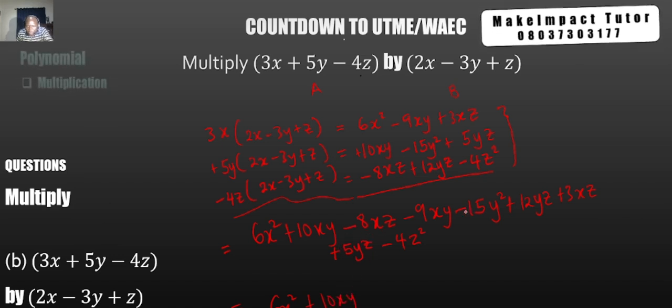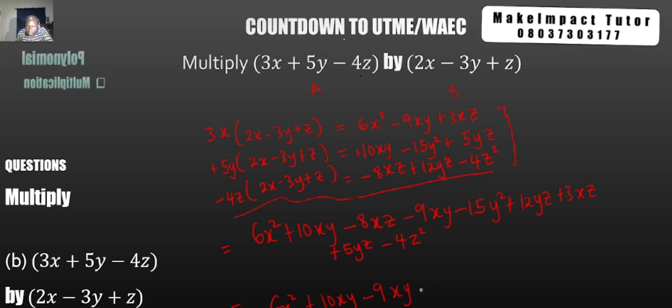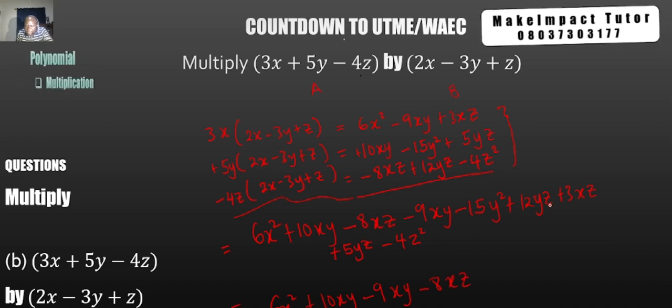Do we have another xy? Yes, there's another xy, and that's minus 9xy. Do we have another xy? No. Then the next one is minus 8xz. Do we have another xz? Yes, we have plus 3xz. Do we have any more? No, I think that's all.